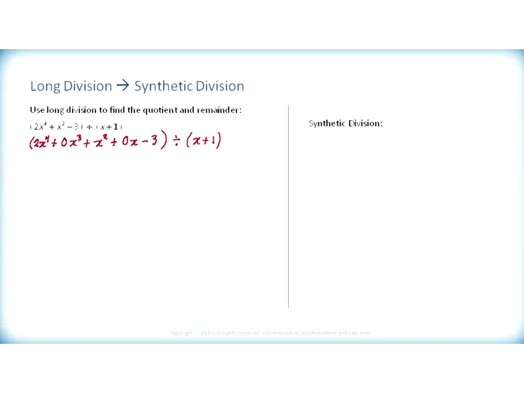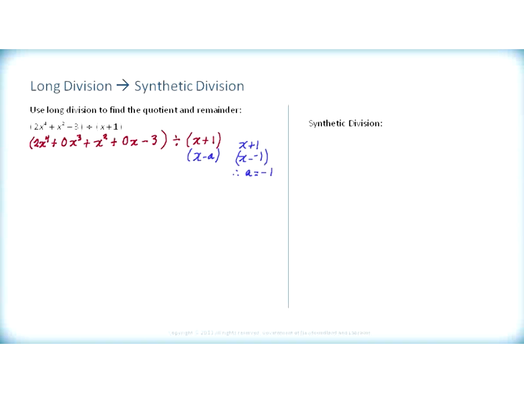In this case, x plus 1 can be written as x minus a negative 1. Therefore, we determine the value of a to equal a negative 1 in this example. This is especially important for what you put in front of the box using synthetic division.